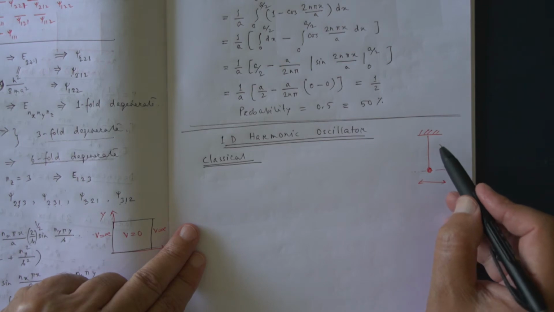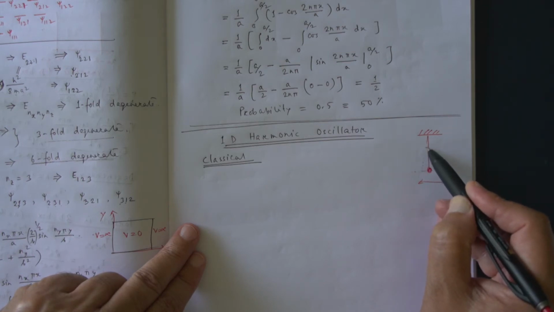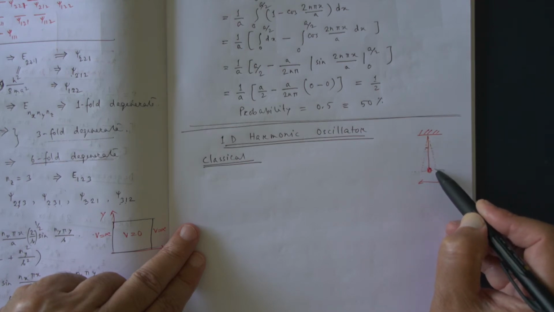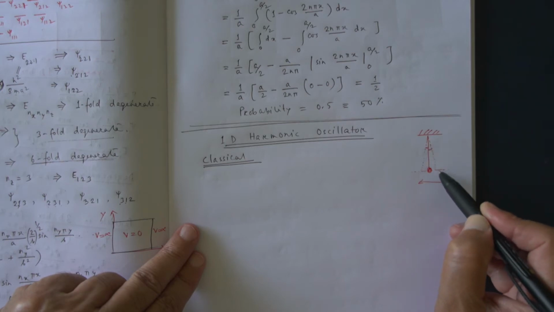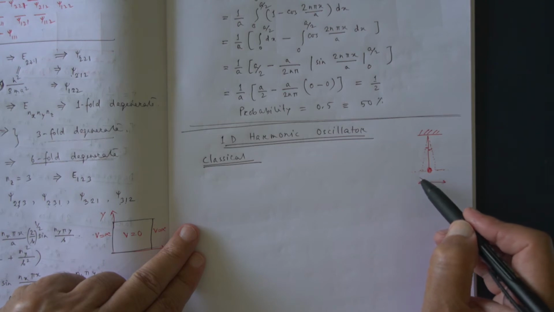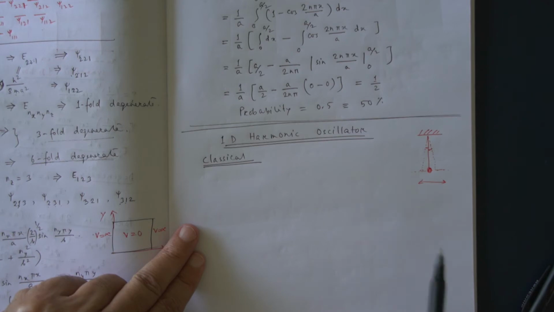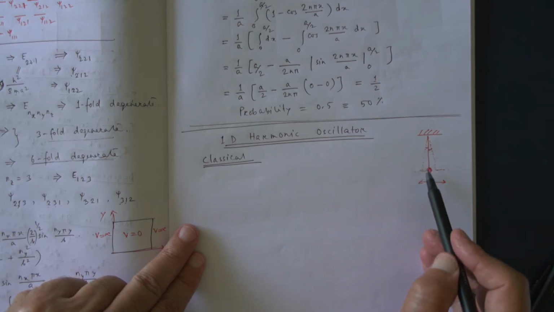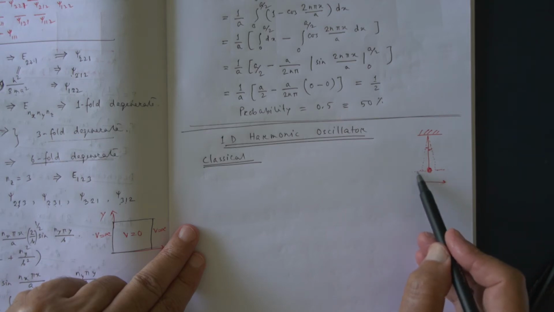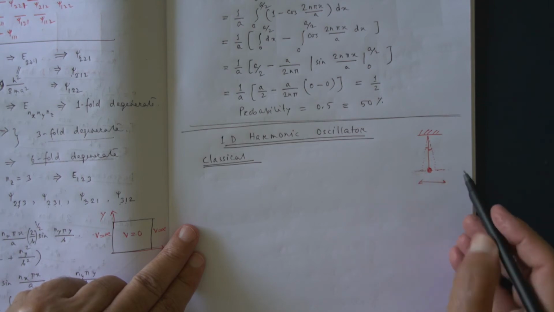For one dimension, the amplitude should be 4 degrees, and should not be greater than 4 degrees. Then we will have the amplitude. So this is a one-dimensional harmonic oscillator, oscillating in the x dimension.